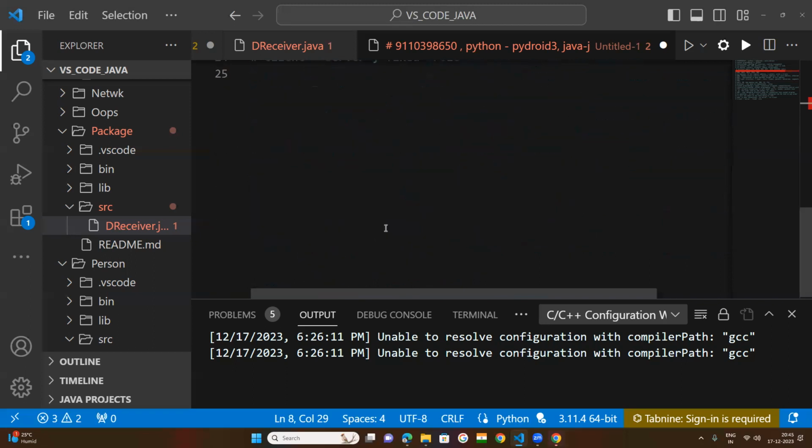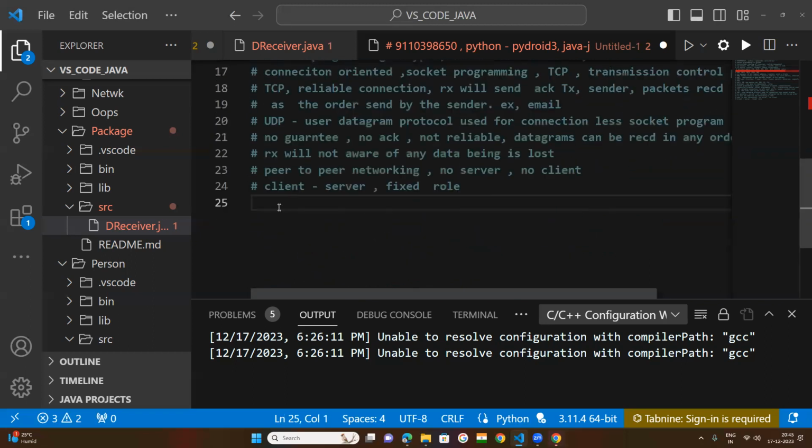So let us write the code first. First we write the code for the connection oriented service of socket programming. First we need to understand some terms related to TCP. Here we need to import a module, the socket module.